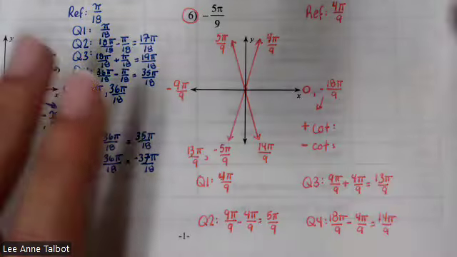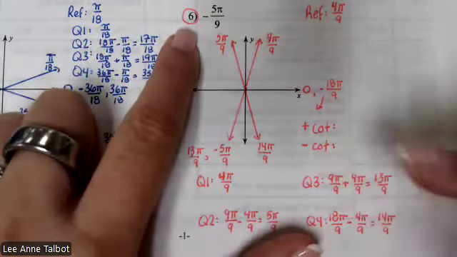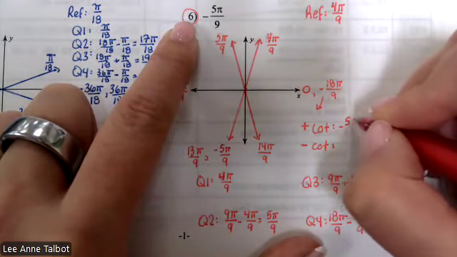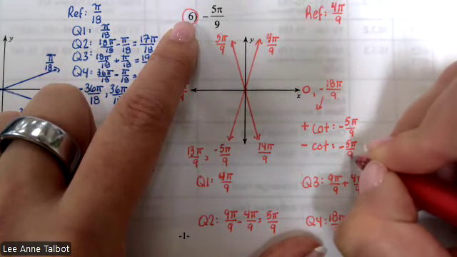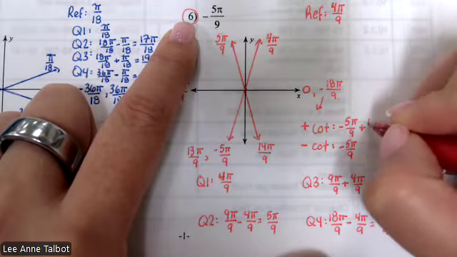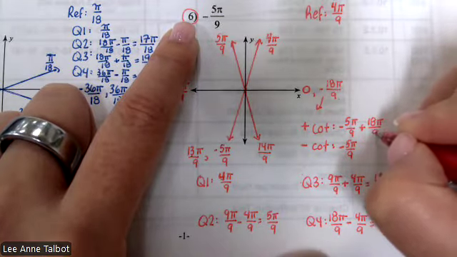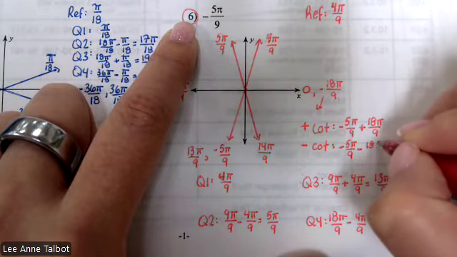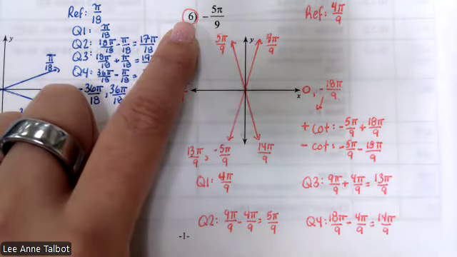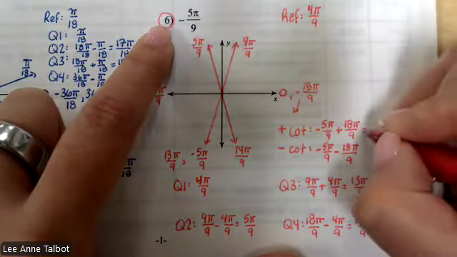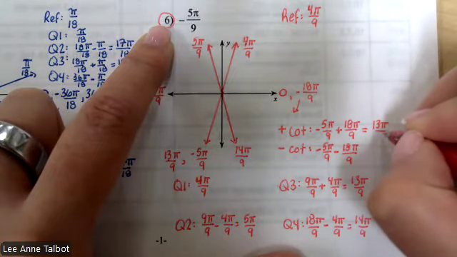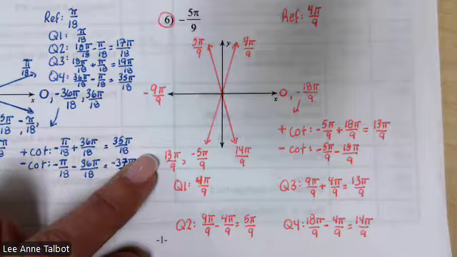Okay, now when we do coterminals, go back to the original and add 360 and subtract 360. So this will be 13 pi over 9, which makes sense because I already have that labeled there.